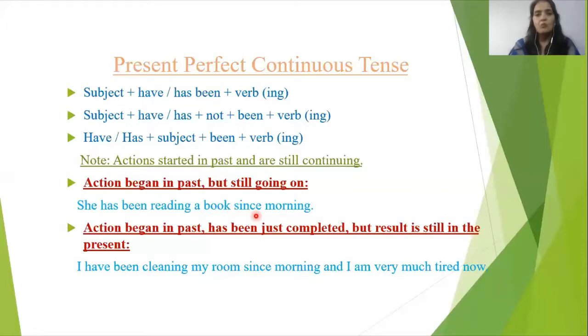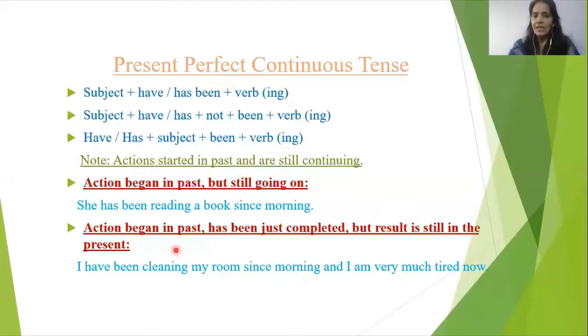It tells about the exact time. And for, approximate time. Suppose she has been reading a book for 2 hours. We are not aware which 2 hours: morning hour, evening hour, afternoon hour. We are not aware, so we can use for. But if morning, of course, the time period is given, so we will use since.